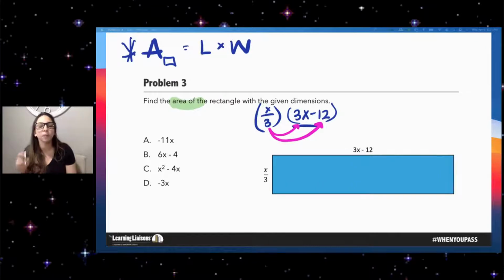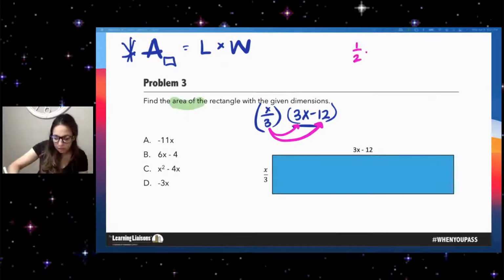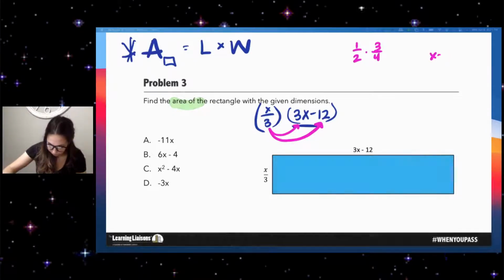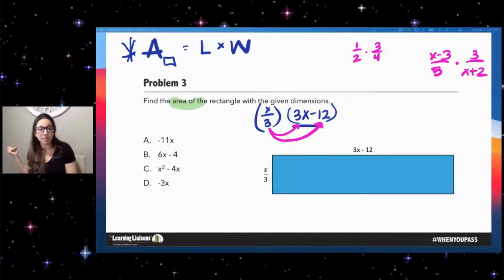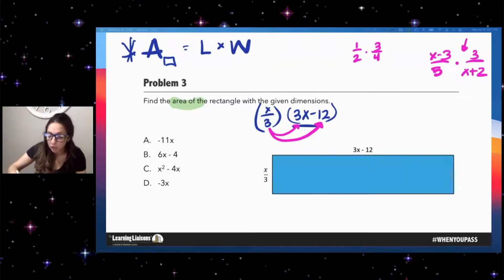When I'm multiplying two fractions together, yet another thing everybody in this room needs to know how to do, regardless of whether the fractions are something like this, or something like this. Still fractions. These are actually called rational expressions, but they're still fractions. Still need to know how to multiply, add, subtract, all of that.